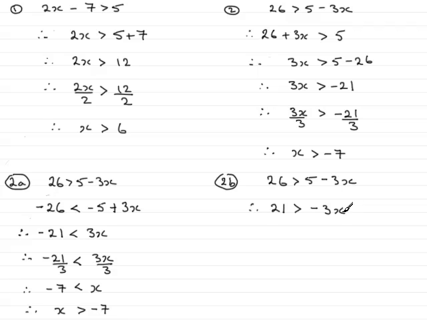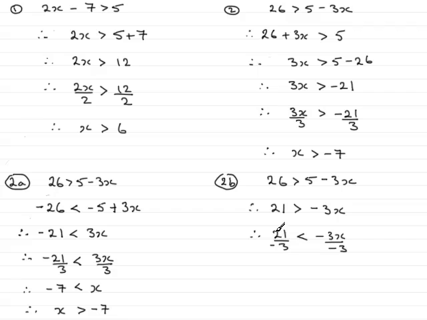Now what I need to do now is divide both sides by -3 so that I get the x. So I have 21 divided by -3 and minus 3x divided by -3. But in this case I've divided by a negative number, so I need to reverse the inequality. So we'll change it round.